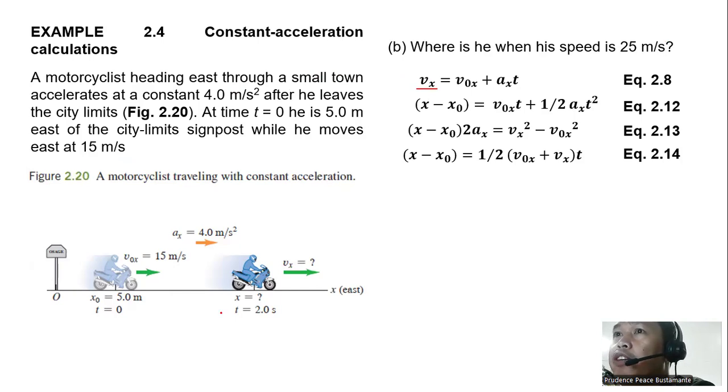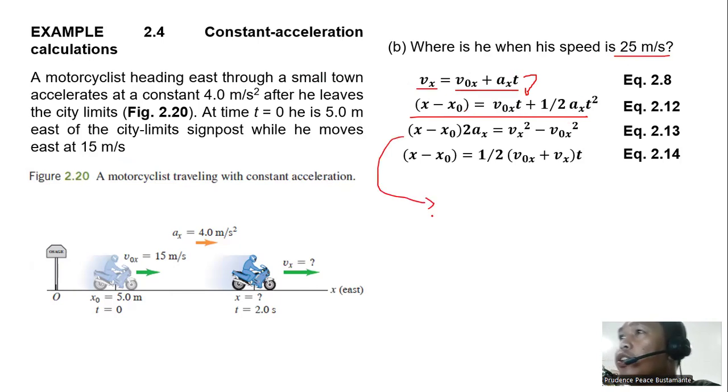If you have v sub x, you can calculate the time, and then use the time to get the position. You can use this one, two equation: get the time when his velocity is 25 meters per second, and use the time to get the position.